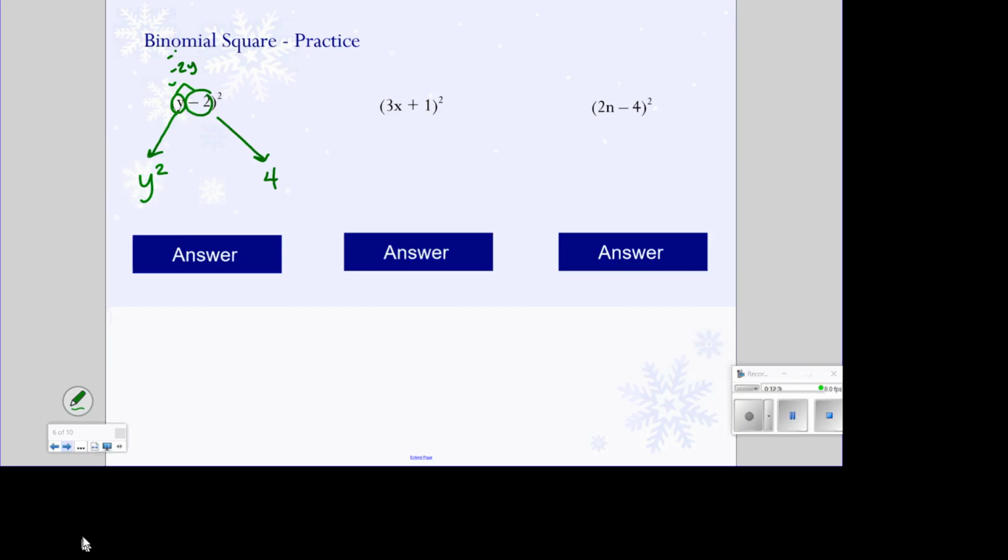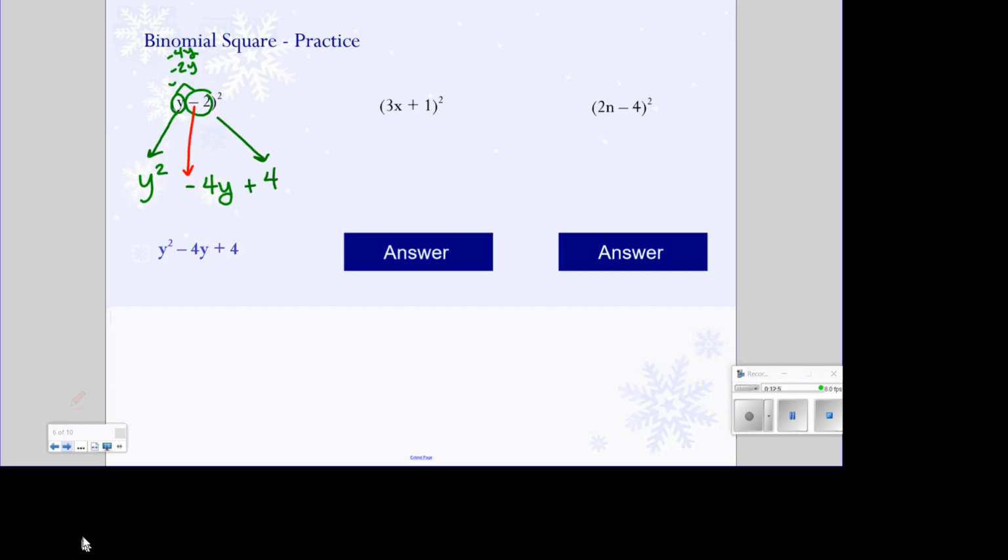So doubling it gives us negative 4y, meaning the middle term should be negative 4y. Now this 4 at the end was positive because anything times itself is positive. So you do just need to pay attention to this sign. This sign will always match the middle term's sign.